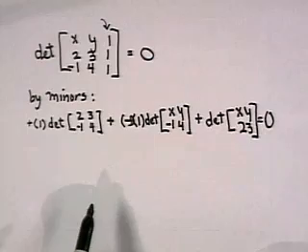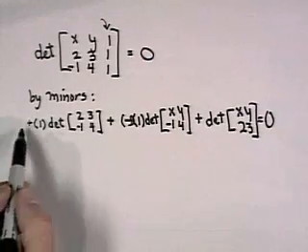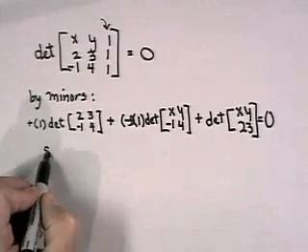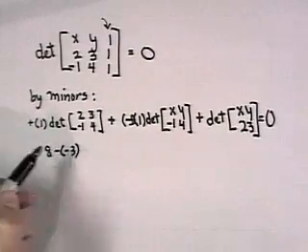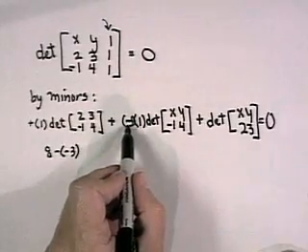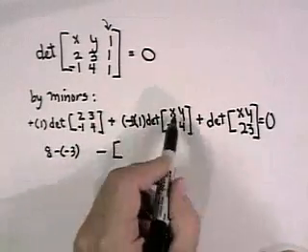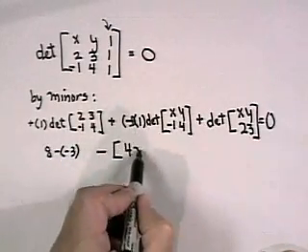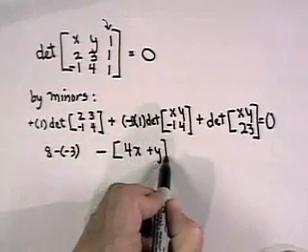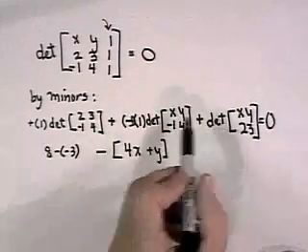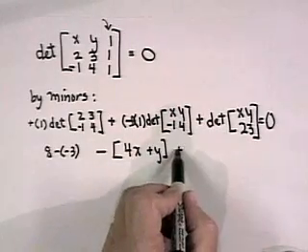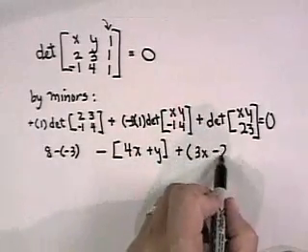Now let's do some evaluation and find out just what that is. This first determinant is 8 minus negative 3. The second one is a negative, and the determinant is 4x minus negative y, or plus y. And the third one is positive 1 times 3x minus 2y.